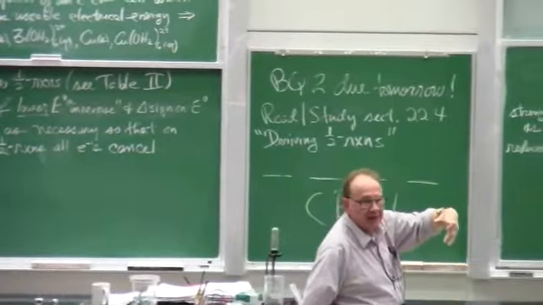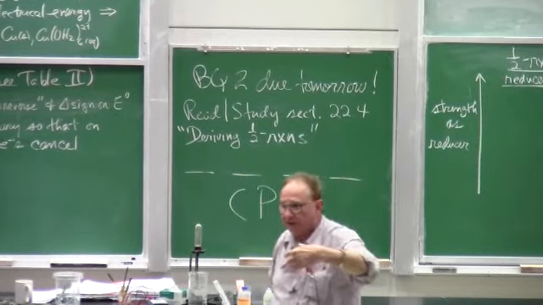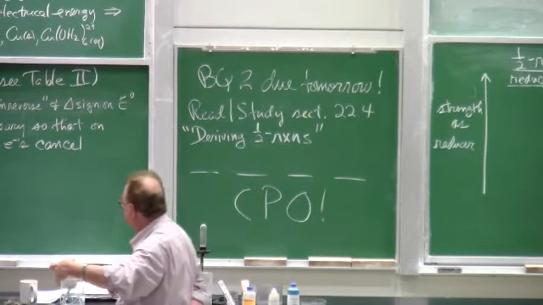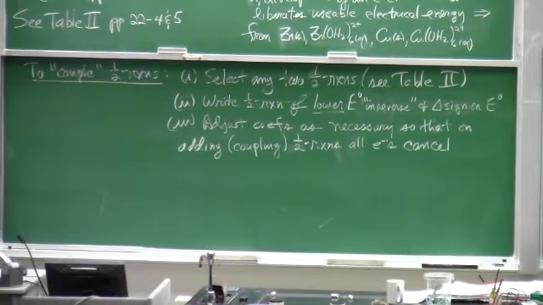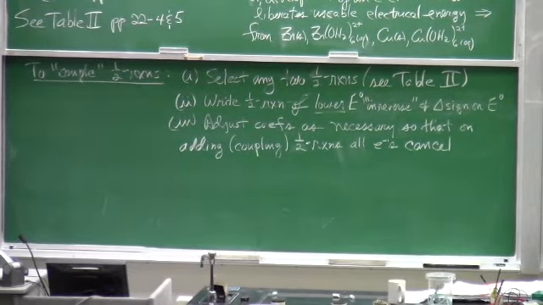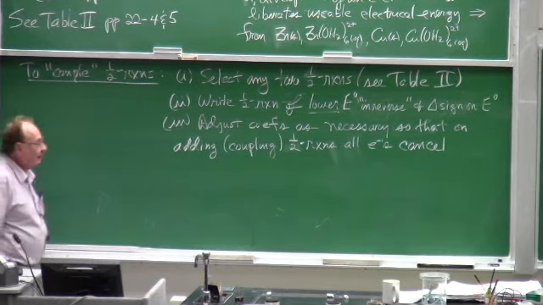So regarding coupling half reactions to get a net redox reaction, look at the table. Pick any two half reactions. I don't care which. Any two half reactions.